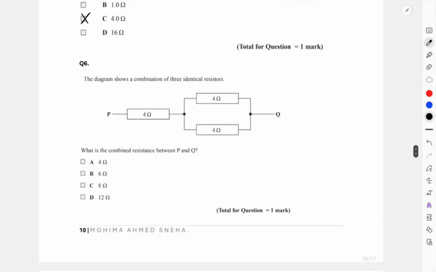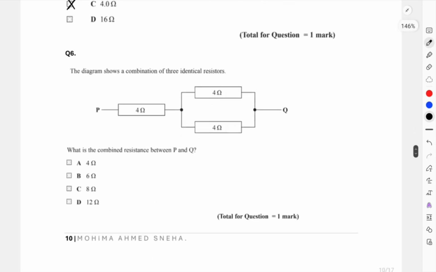Okay. After this, again, similar calculations. At first, I'm going to solve this parallel combination, which is 1 by 4 plus 1 by 4. I'm going to write the total parallel combination resistance, which is 1 by 4 plus 1 by 4. This is going to be 1 by the total parallel resistance combination, which is 1 by 2.